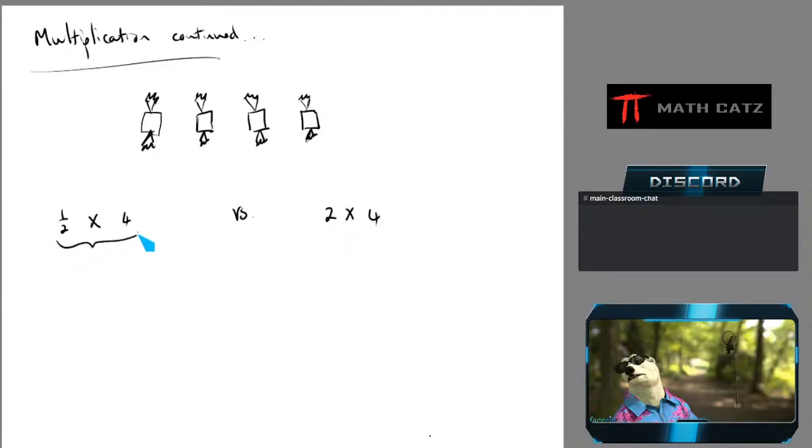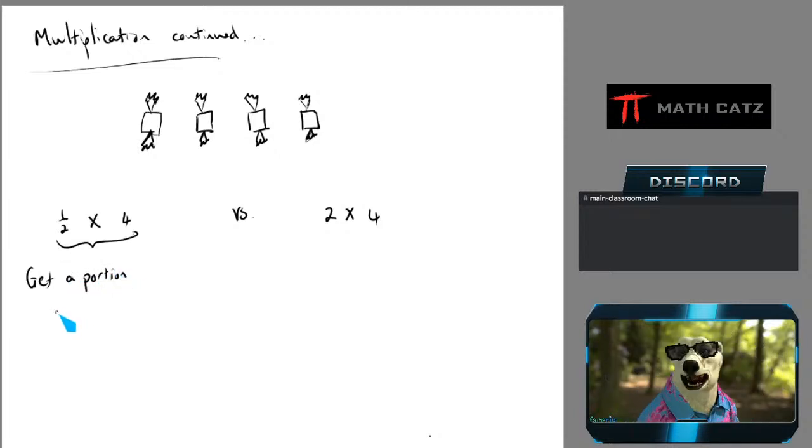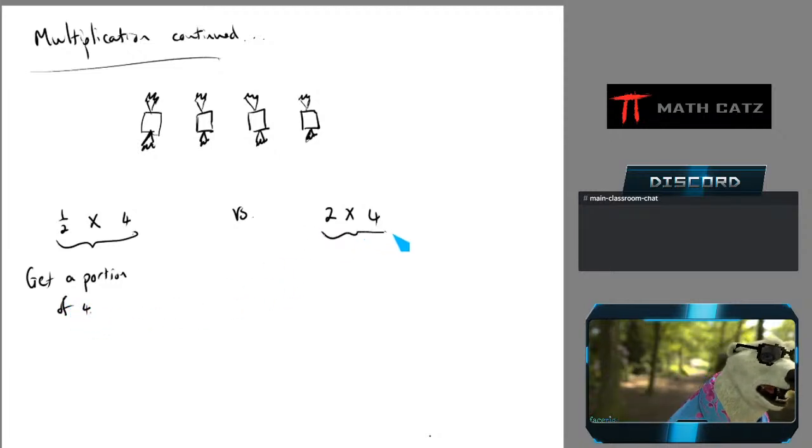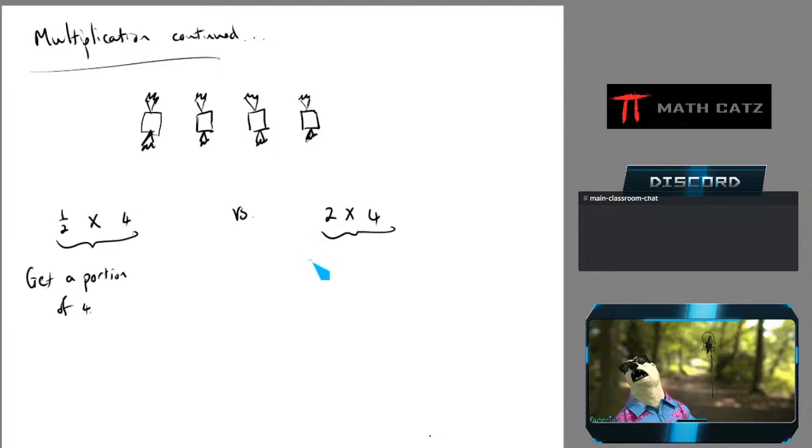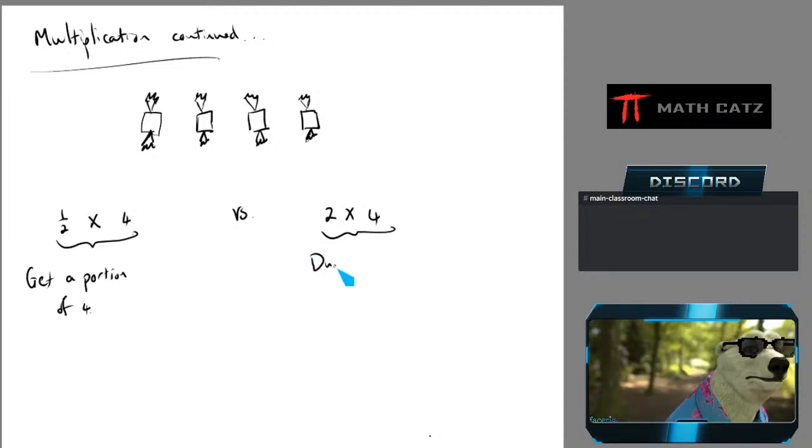So this first one is, let's go with get. I'm going to get a portion of 4. The second one is I'm going to get to duplicate.